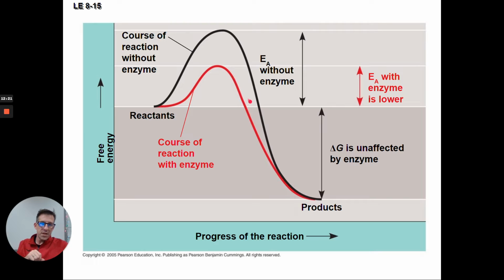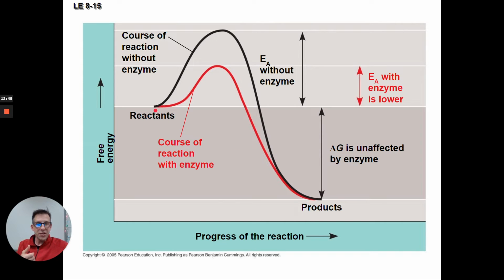This is the line that shows you what happens when we add an enzyme. The black line is the course of the reaction without the enzyme. And what we see is that the reactants have the exact same amount of free energy to start, and the products have the exact same amount of energy at the end, which means the change in free energy is still unaffected. You're still going to get the same amount of free energy out of this reaction.